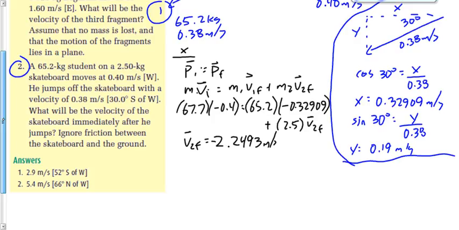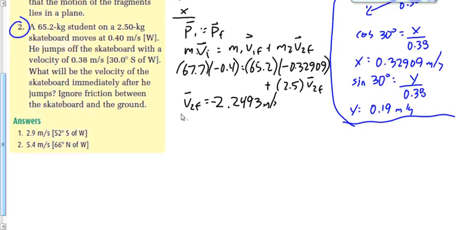All right, let's deal with the y component now. We're going to say the same thing for the y component, pi equals pf, but the initial y component, I'm just going to call it 0. Right away, I'm going to say it's 0. Why? Well, because the object is moving on the x-axis, and I know that it doesn't have a y velocity, so I'm going to say the y component is 0.